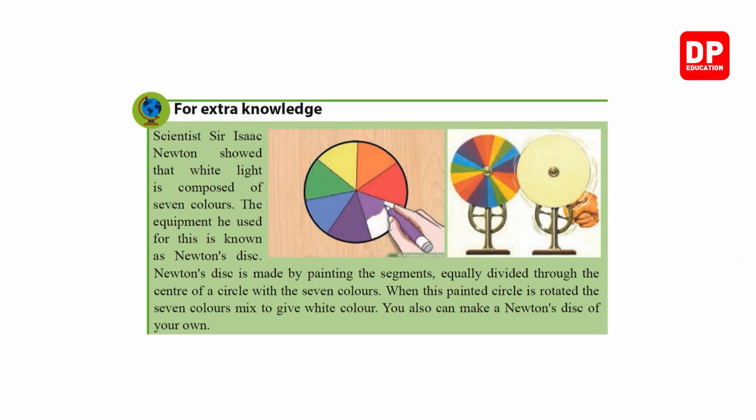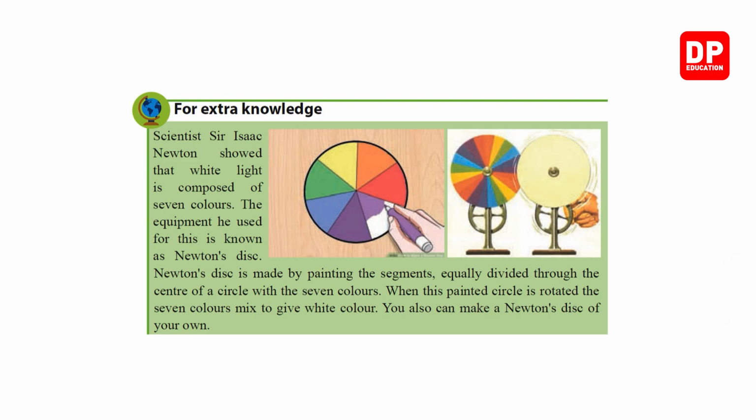So for extra knowledge, a certain thing is given here. Let's see what that is. Scientist Sir Isaac Newton showed that white light is composed of 7 colors. The equipment he used for this is known as Newton's disc.